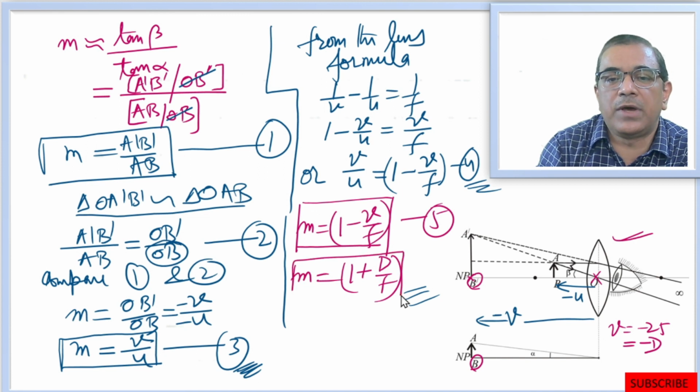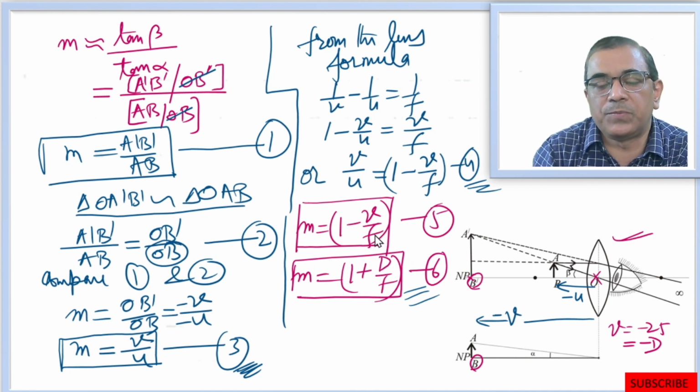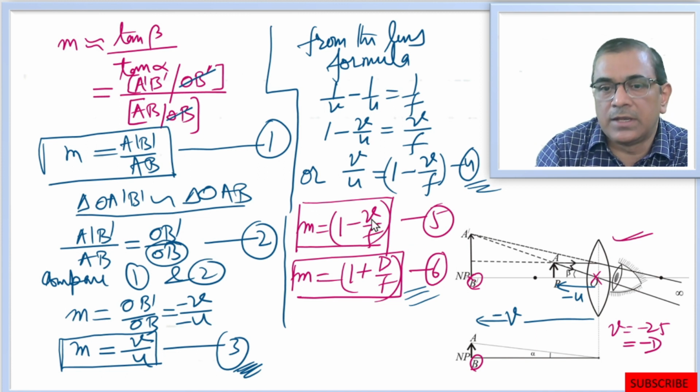So relation number 6 is used more commonly than relation number 5 in the case of simple microscope. But you need to be very careful. If you're using this relation, then you need to put v is equal to minus 25. When you're using this relation, then you should write d is equal to 25. Let's take one example.